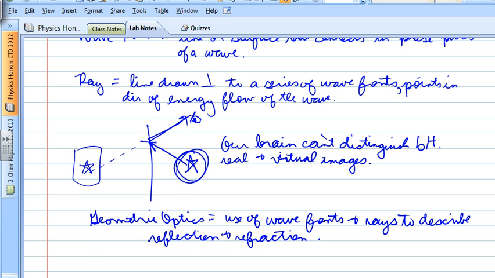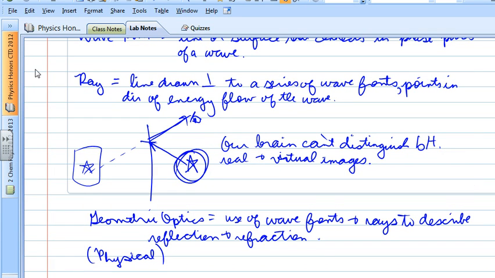Now there's another type of optics that we call physical optics, but we're not going to be discussing that right now. We may come back to that a little bit later. So geometric optics is the use of wavefronts and rays.